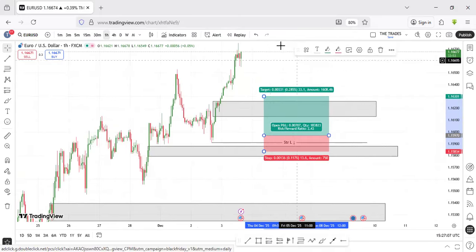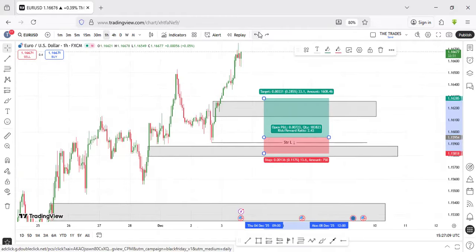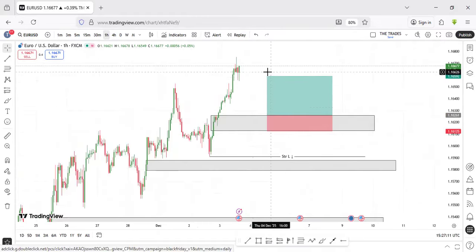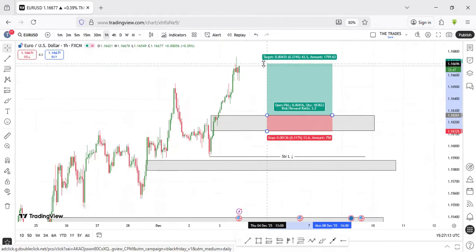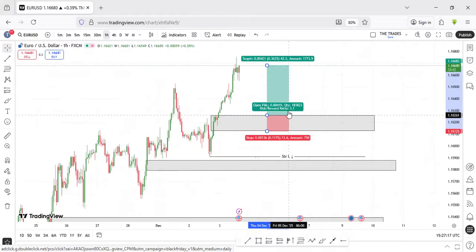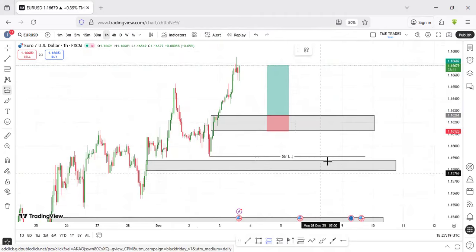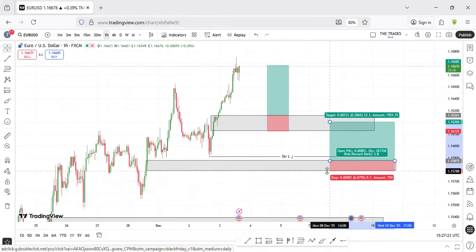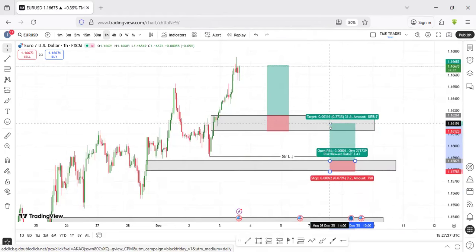Then remember, don't be greedy in the market. 3 to 1 risk reward is more than okay for you. That 3 to 1 risk reward is going to come to this high. That's my first entry. Then my second entry, I'll be looking for that second entry at this particular place. My first take profit is 3 to 1 risk reward just at this particular place.